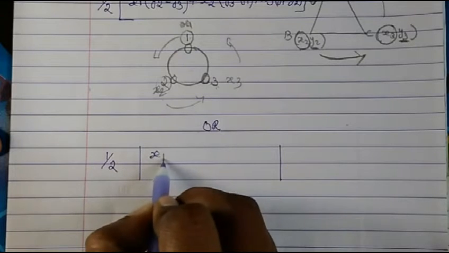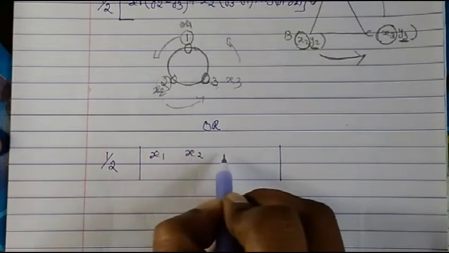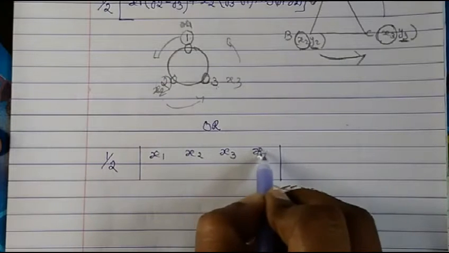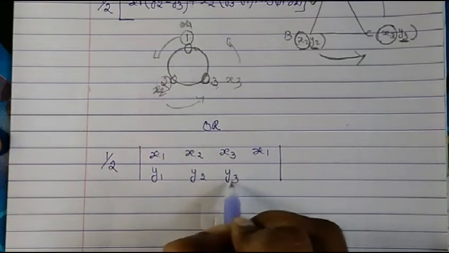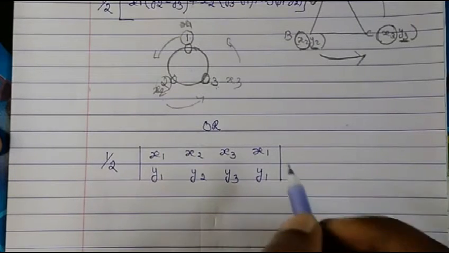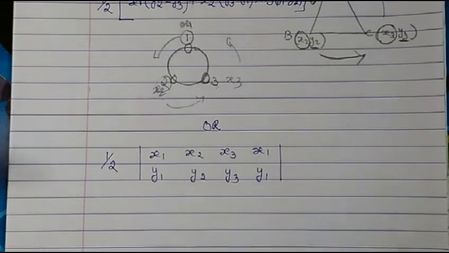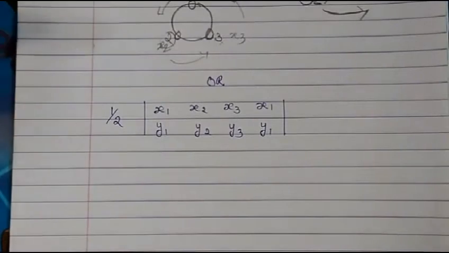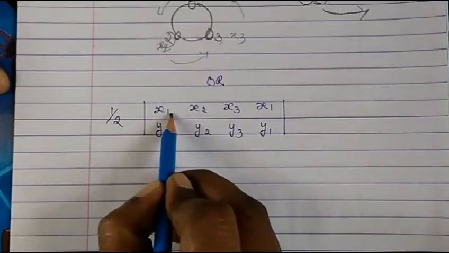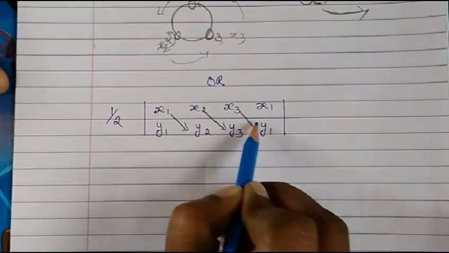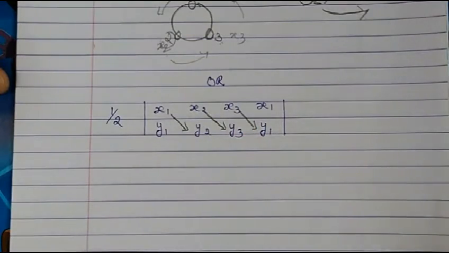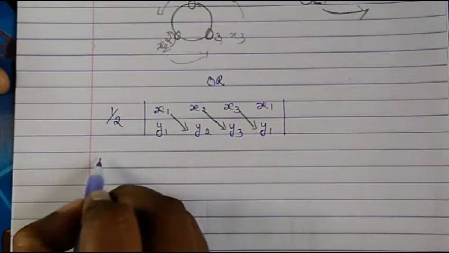Here it will be x1, x2, x3, again x1, and y1, y2, y3, y1. So like this also you can remember. When you are writing, first you write x2 with y3, x3 with y1. So this direction first you can write down.